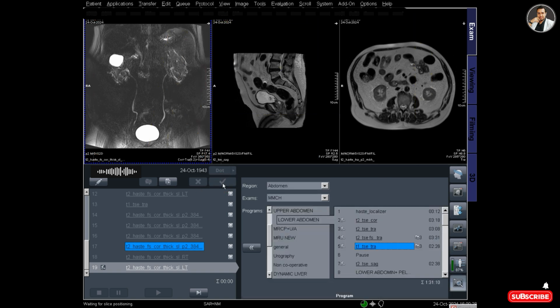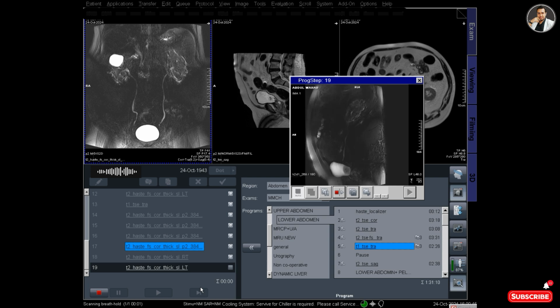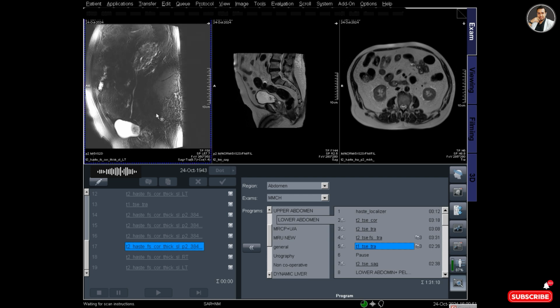I'll angle the slice so that the whole ureter is covered and then click apply. Tell the patient to hold his breath and start continue. And this is the left side ureter. In the sagittal view you can see that the ureter is visible very finely as before.